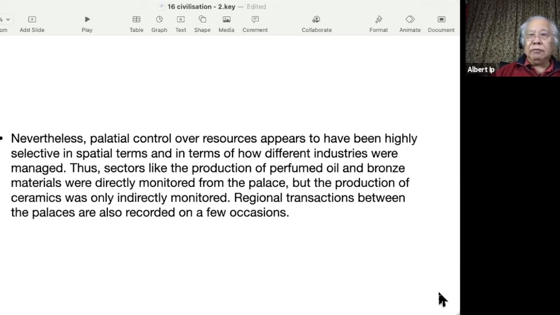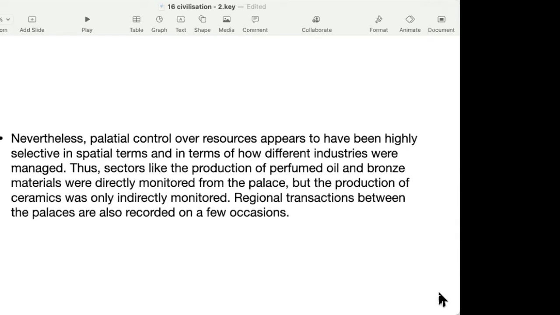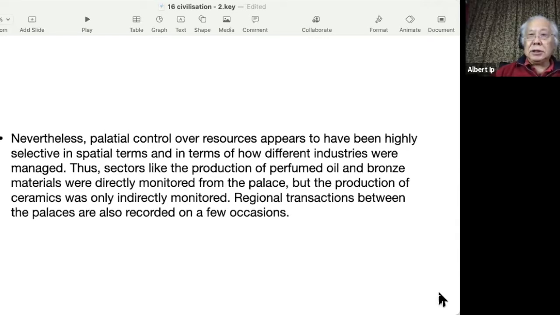Then the government or the king or emperor will maintain a very good income through a monopoly of a common good. So again, I think the Greek empire or the king also practiced something similar to that.